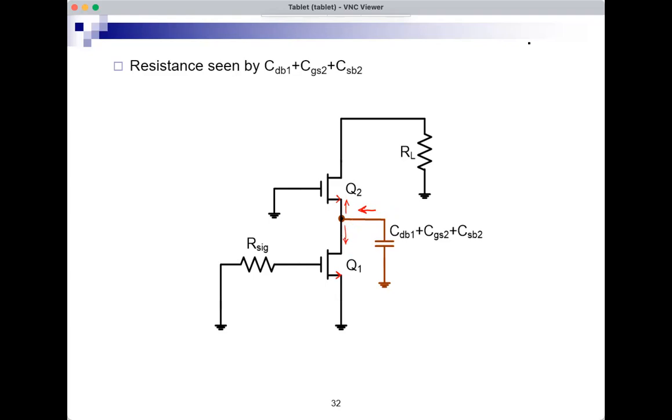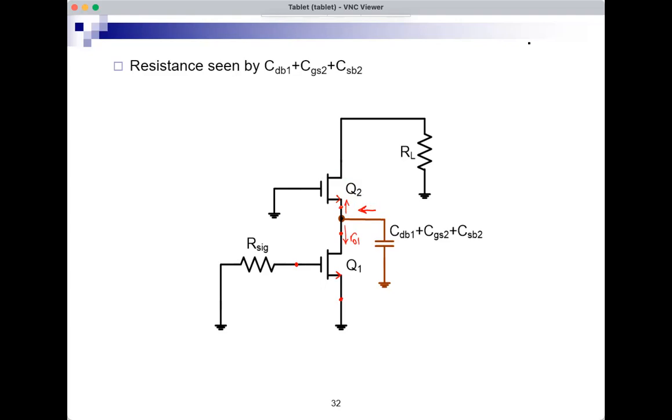If I'm looking down, what do I see? I'm looking down into the drain of Q1 with no signal here, because if there's an RSig to ground, there's no signal here. So I'm looking into the drain of Q1 with no signal at the gate and no signal at the source. So I will see a small RO1. And then looking up, what do I see? This is a common gate configuration for Q2.